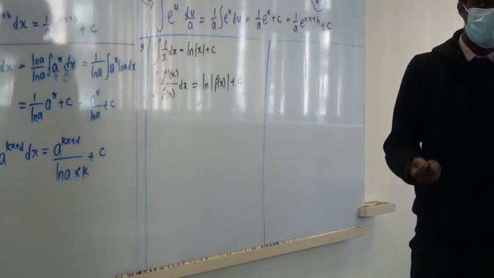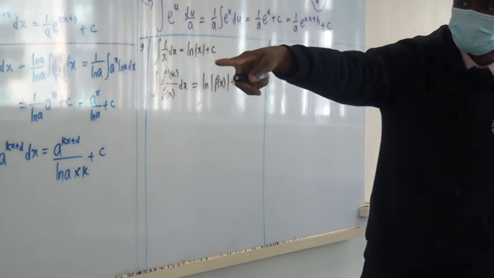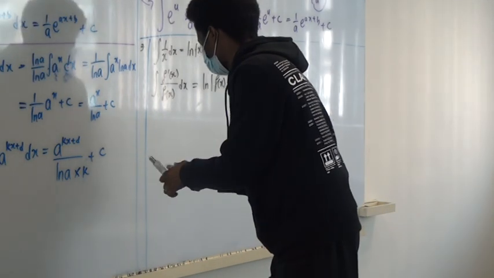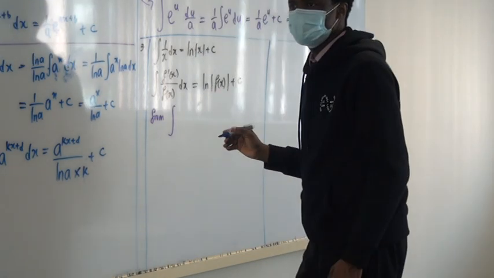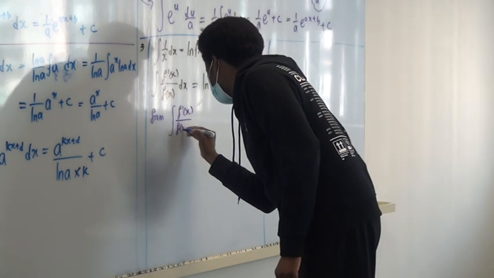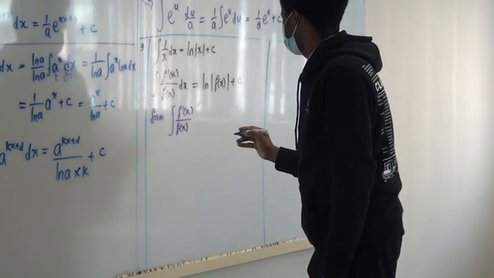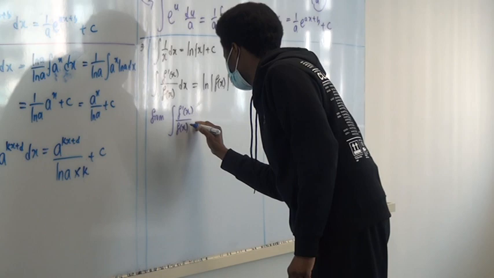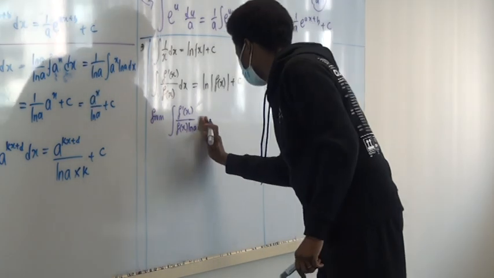Okay? Now, if the logarithm is not to base e, let's look at the other one also. From the integral of that divided by that, maybe a, for example, from here, I'm referring to that one.